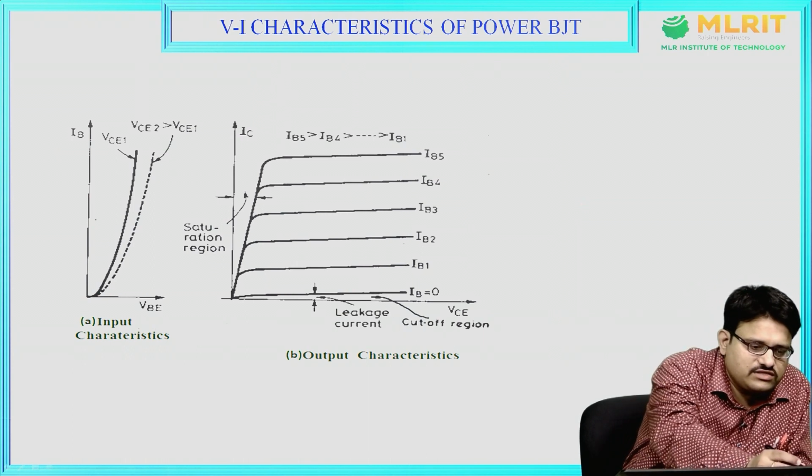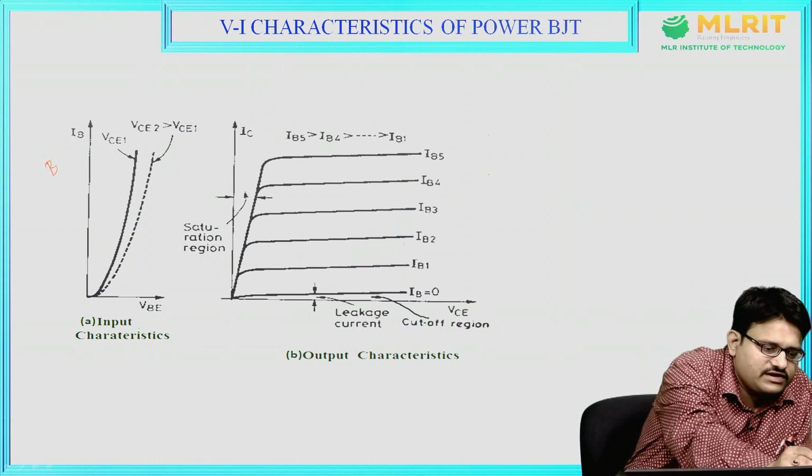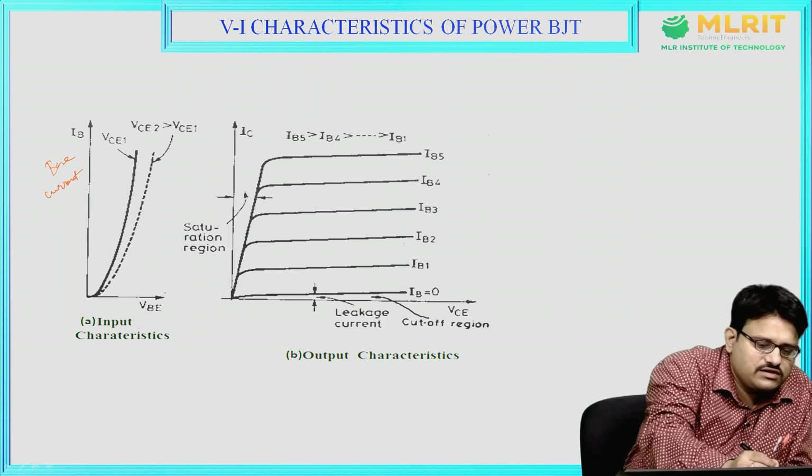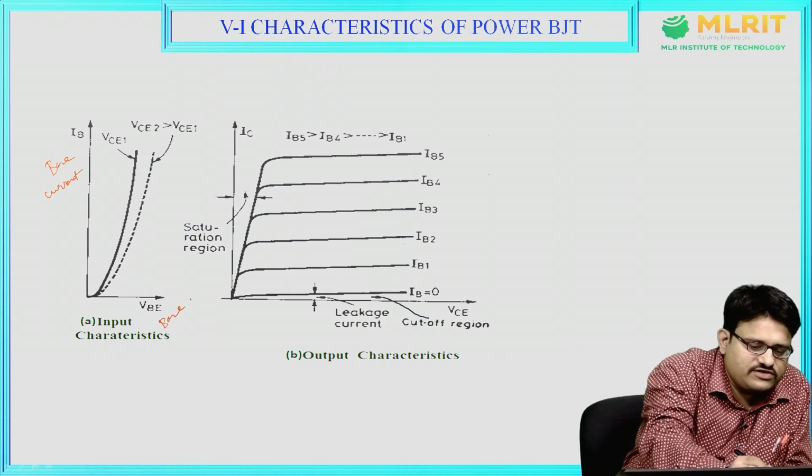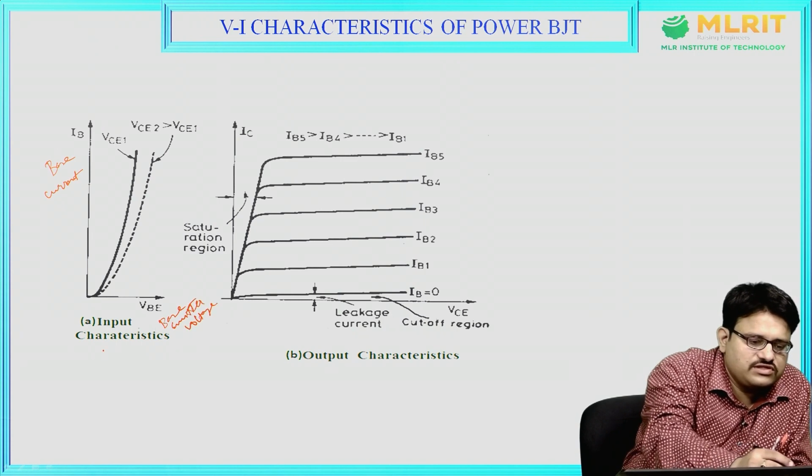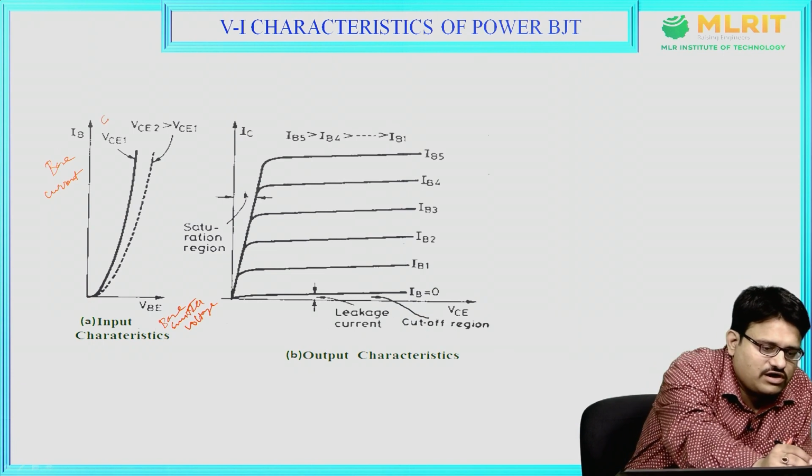These are the VI characteristics of power BJT. Here the graph is drawn between base current and base emitter voltage. These are the input characteristics and this is the common emitter voltage.